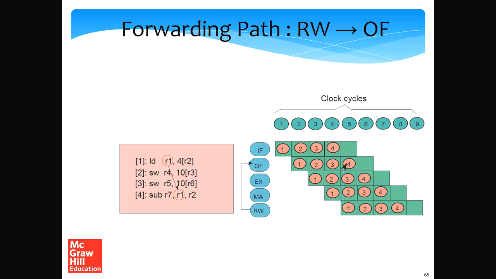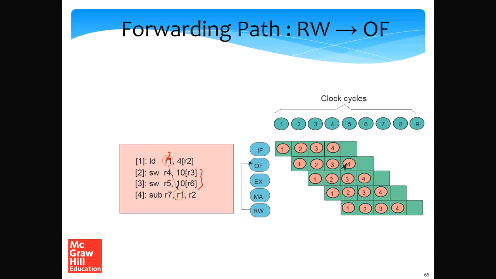Now let's take a look at a long forwarding path, not a cycle but a chain, a three-stage path from RW to OF. So in this case, we load the value into register R1. And again, since RW is involved, we have a load instruction. We have two more intervening instructions which are absolutely independent, so we do not care about them.